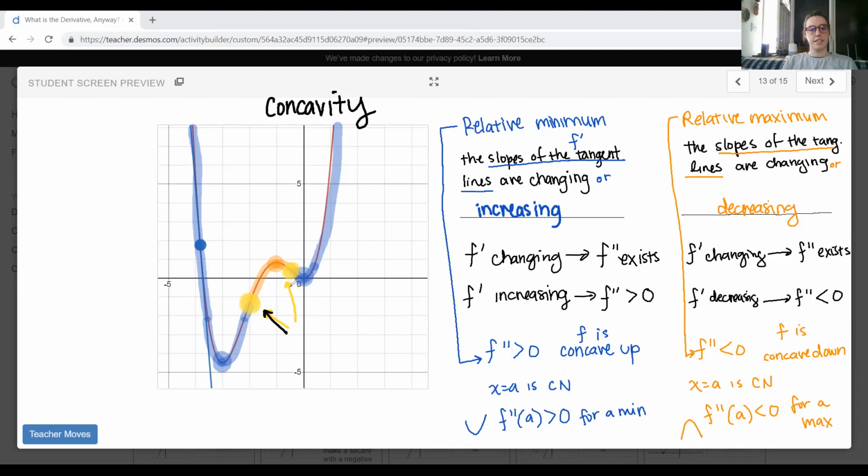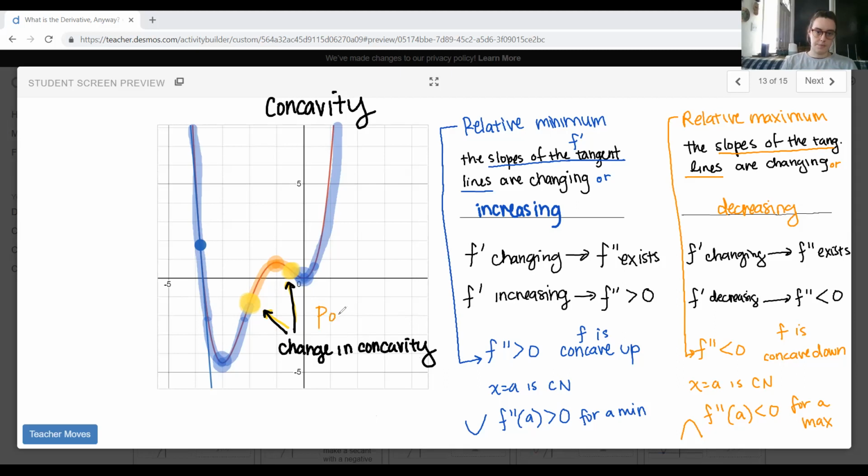So the places that we see there's a change in concavity, these are what we call transition points, inflection points. We call them points of inflection. Inflection just means change, like when you have an inflection in your voice when you're speaking. It's because you're changing your tone, right? That's all inflection means.